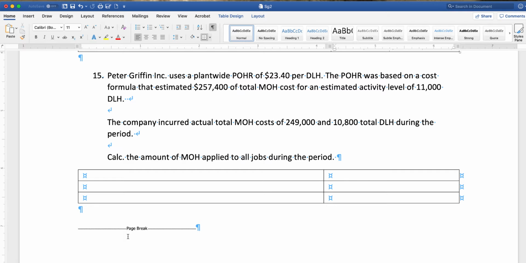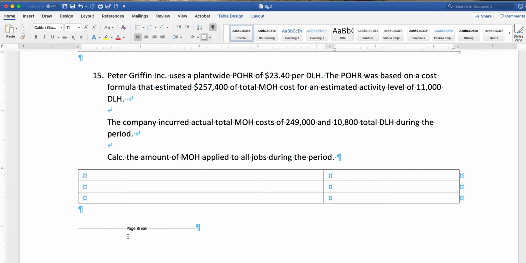Do you think they overapplied or underapplied? They probably overapplied, right? Because they estimated more cost than they actually incurred. Look at the activity level. They estimated 11,000, but they actually incurred 10,800, right? So they used less activity than they estimated.